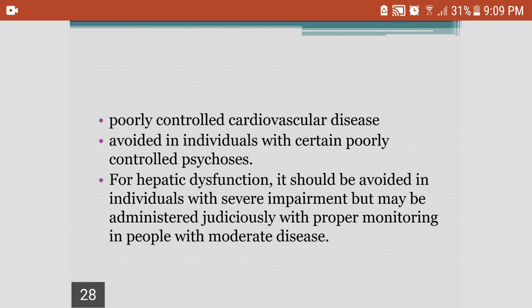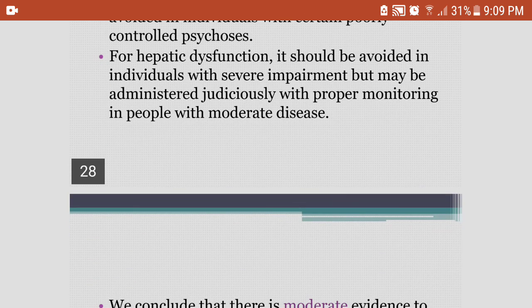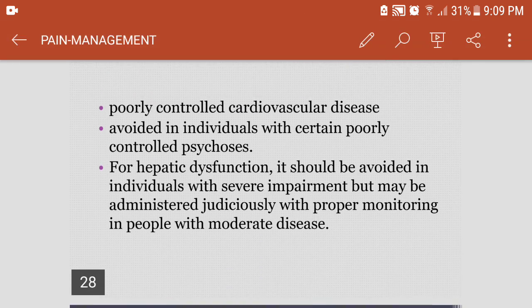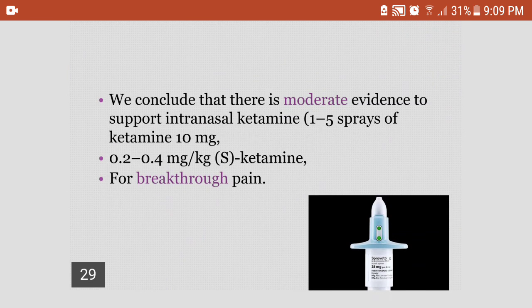But if the hepatic dysfunction is mild and not severe, the use of ketamine infusion can be implemented with proper monitoring in patients with moderate hepatic dysfunction.